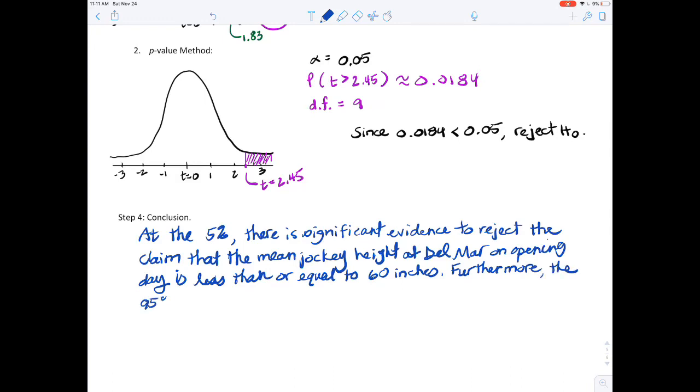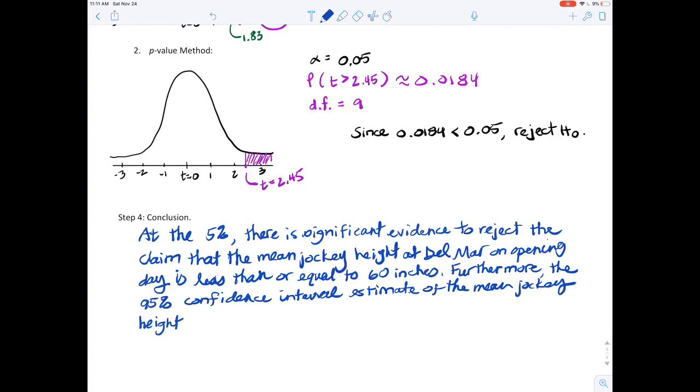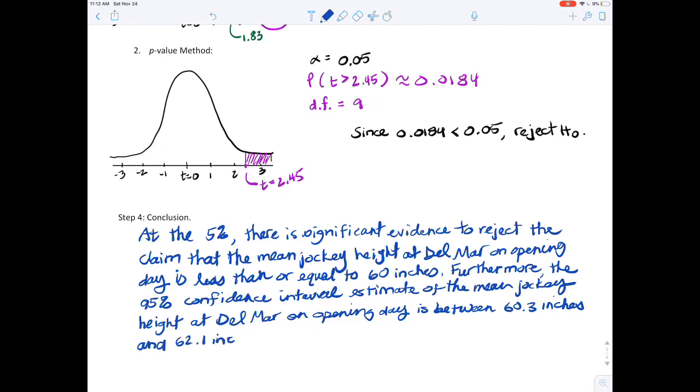the 95% confidence interval estimate of the mean jockey height at Del Mar on opening day is between 60.3 inches and 62.1 inches.